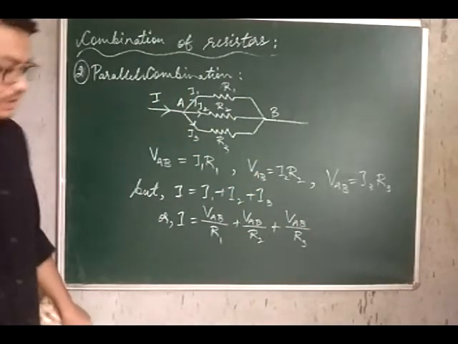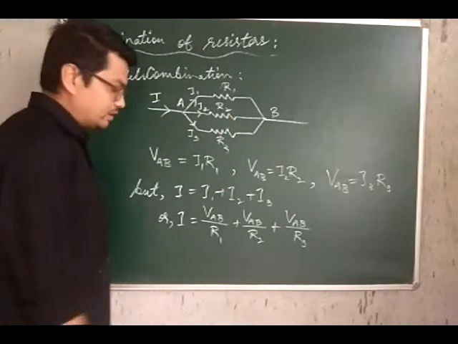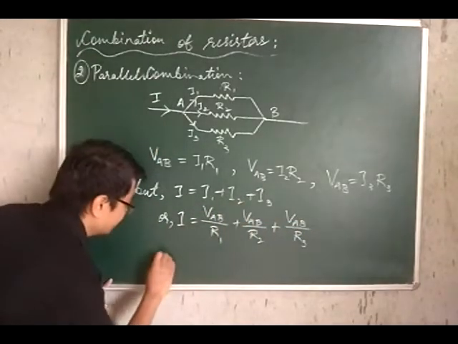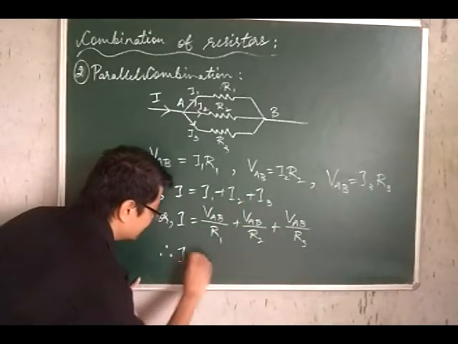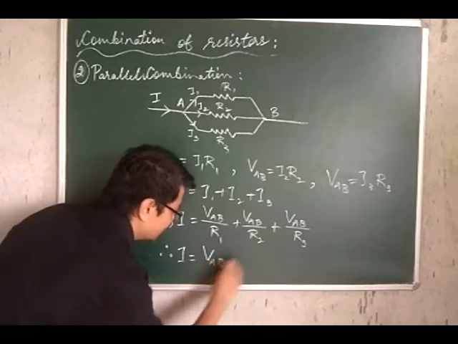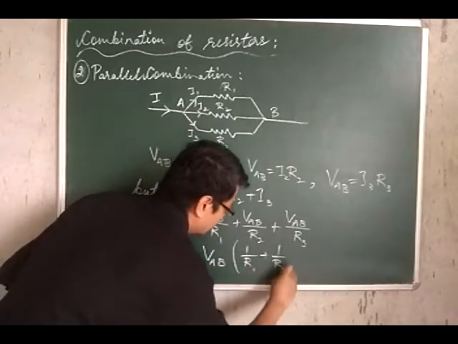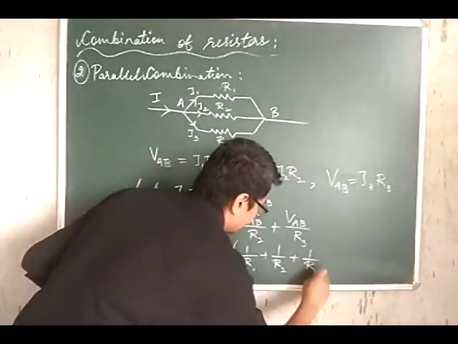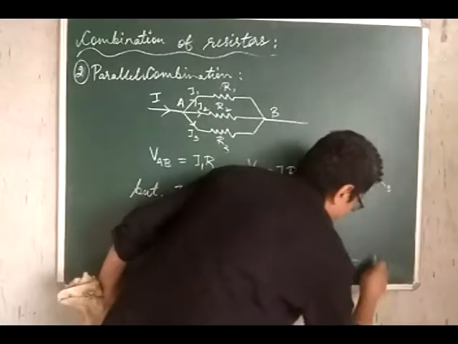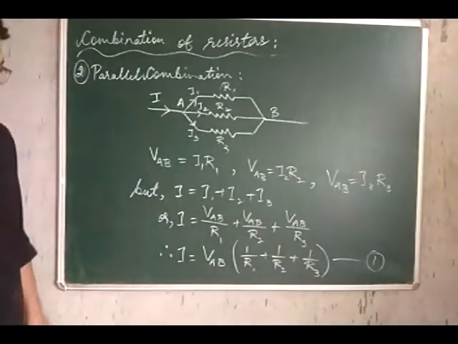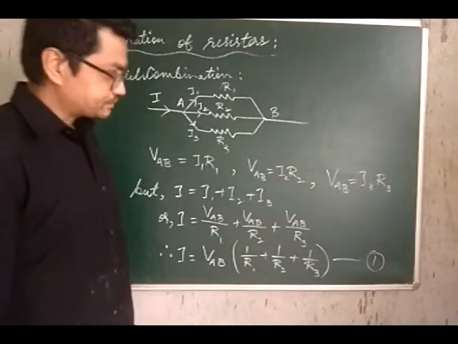So this is your current. We can of course take VAB common. So I is VAB, and inside the bracket we have 1 by R1 plus 1 by R2 plus 1 by R3. Let's call this equation number 1 for parallel combination of resistors.